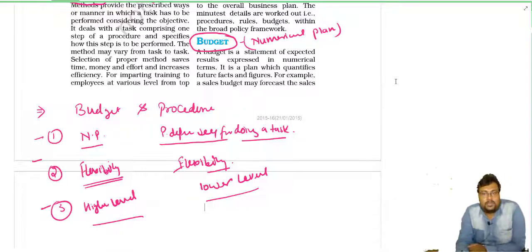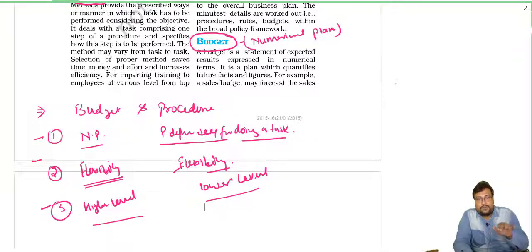Learn each and every keyword, like the features of planning, the importance, and the limitations, which we already discussed. Prepare all that, and from tomorrow onwards we will solve the planning MCQs.